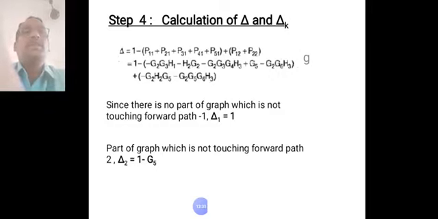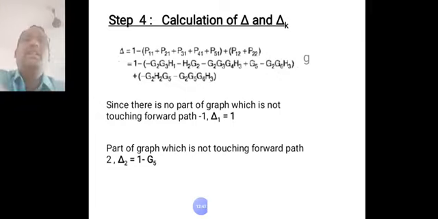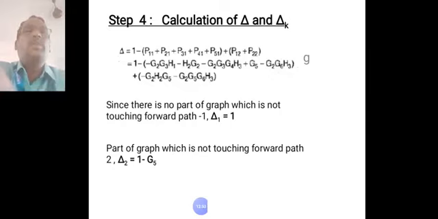Therefore, first take the first forward path. In the first forward path there is no part of the graph which is not touching the first forward path. That means all the parts of the graph are touching the first forward path. Therefore the value of del 1 is 1.